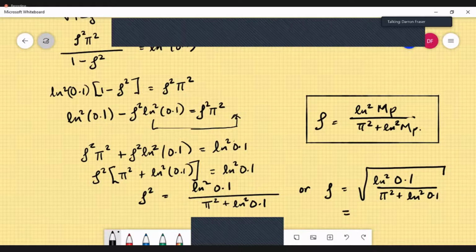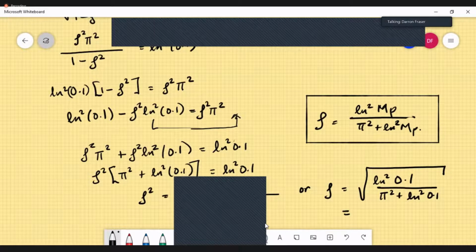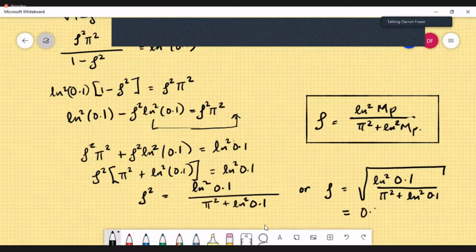Anybody work it out? Me work it out, I get 0.591, but I'm usually wrong, so somebody needs to check and see if I get the same thing.